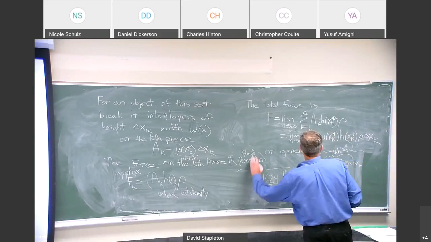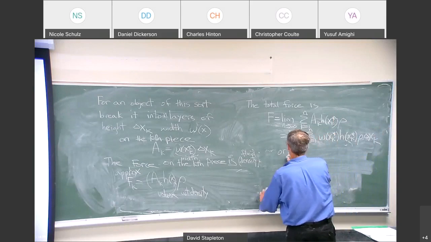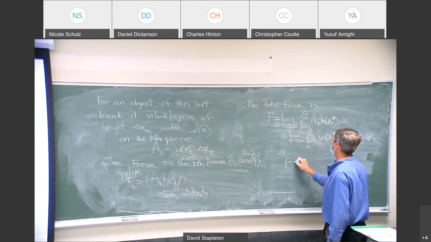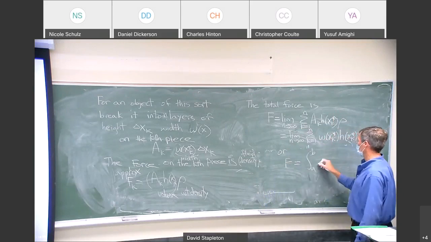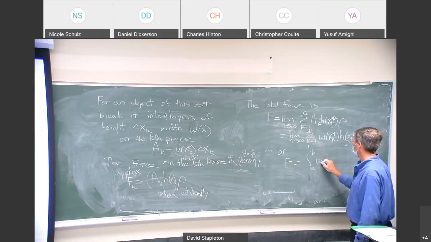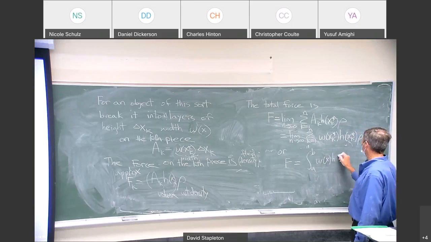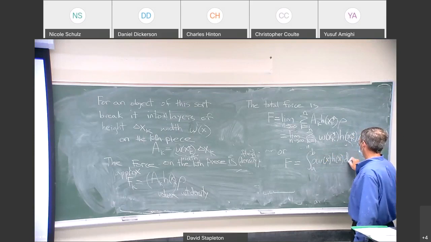But that's just an integral. And we'll say, therefore, the force on the object at a varying depth is the integral, by rewriting this as an integral, w of x, I just replace the xk stars with x's, h of x, rho, I can put the rho up here, delta x.